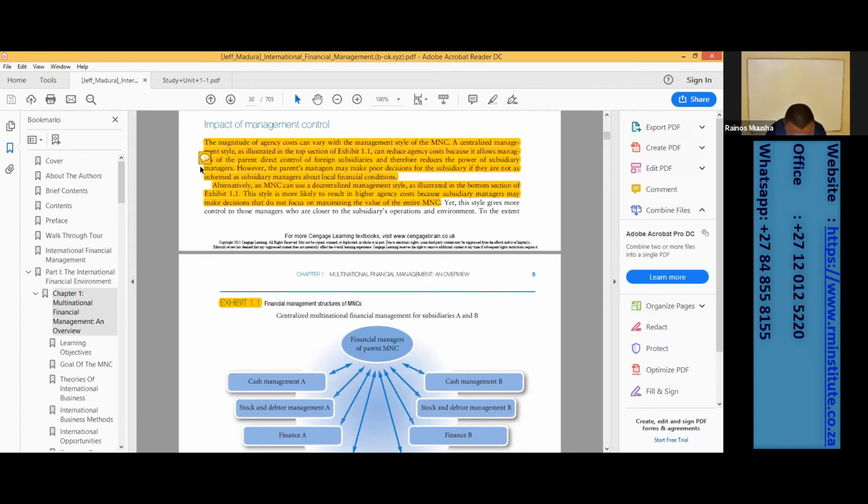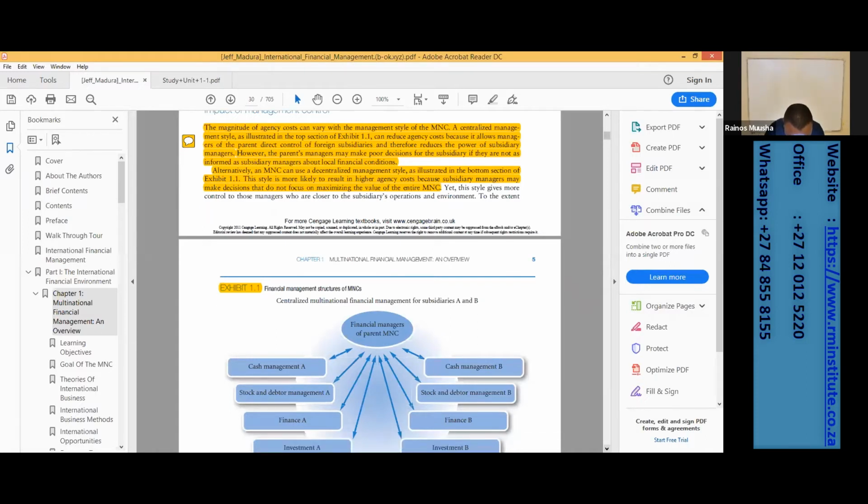The magnitude of agency costs can vary with the management style of the multinational company. A centralized management style, illustrated in the top section of Exhibit 1.1, can reduce agency costs because it allows managers of the parent direct control of foreign subsidiaries and therefore reduces the power of subsidiary managers.